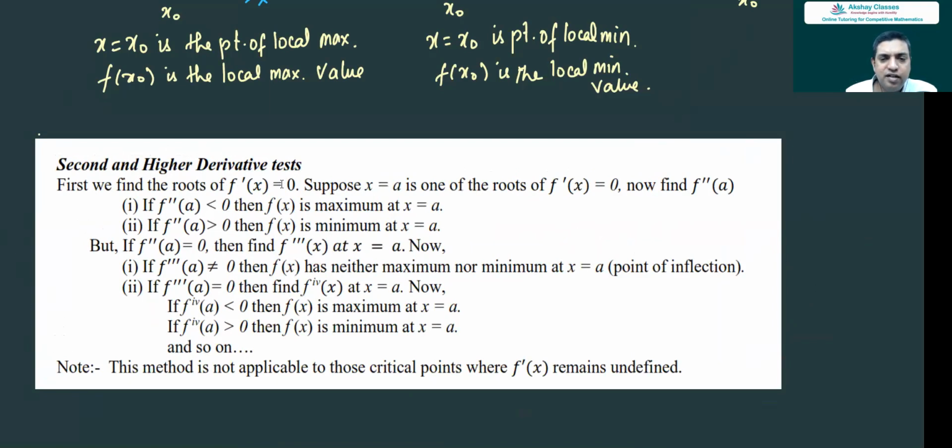That means find all the critical points. Now suppose x equal to a is one of the roots. Now find the value of f double dash a. If f double dash a is negative, then f of x is maximum at x equal to a. And if f double dash a is positive, then f of x is minimum at x equal to a.